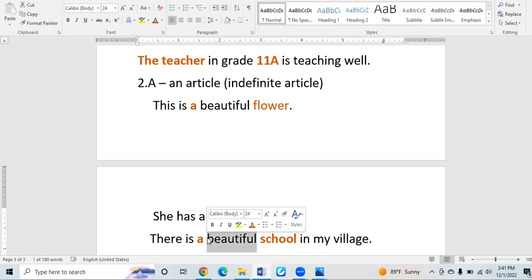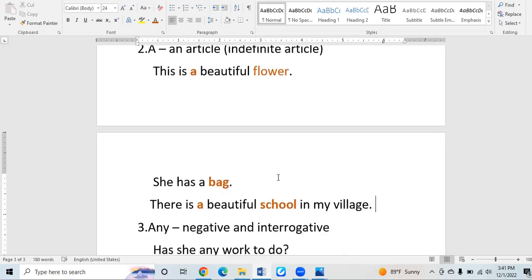Beautiful school. You are thinking that that sort of school is beautiful. So you are saying there is a beautiful school in my village. Whenever you say this sentence to another person, they might understand there are a lot of schools in your village, and among them a beautiful school also is there. That's the meaning the listener is getting. Okay. Once again, this word beautiful has been mentioned between the article and school to explain more about the school.